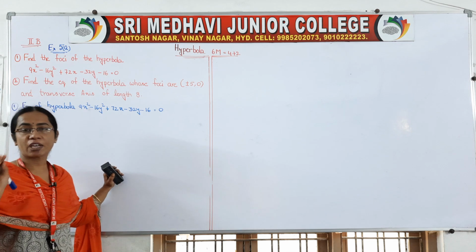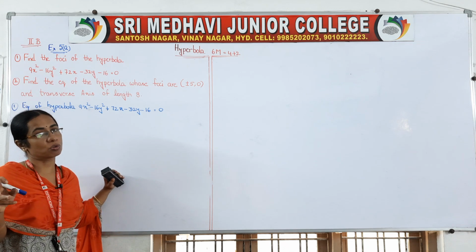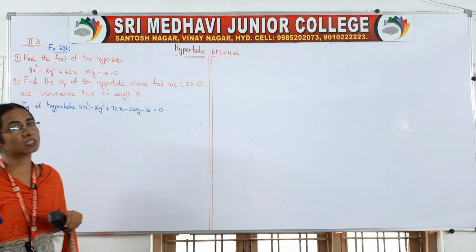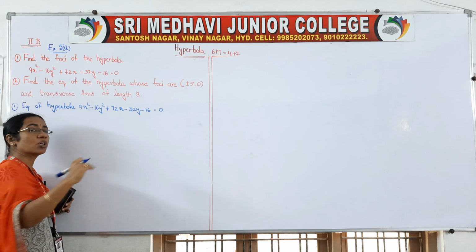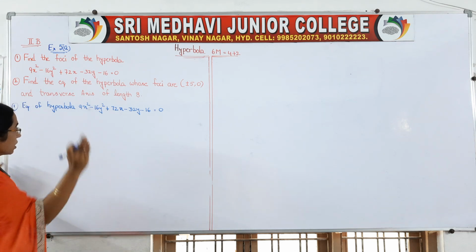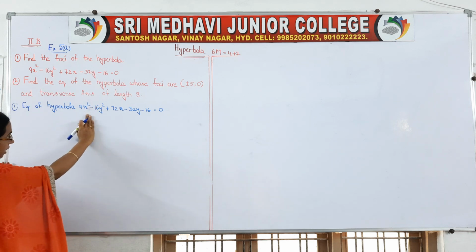If only x square and y square terms are there in the equation, they belong to the first two cases. Suppose x square, y square, x term, y term, and constant term are there, then it belongs to either the third case or the fourth case. Okay, so come on, try to reduce this with your formulas, right?